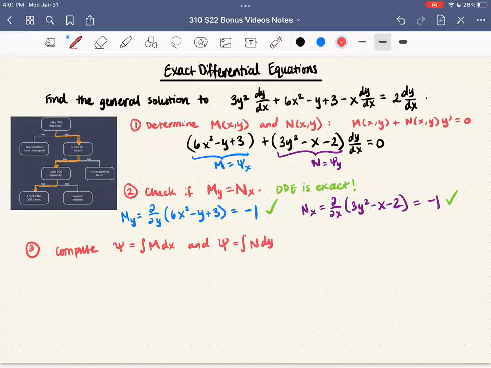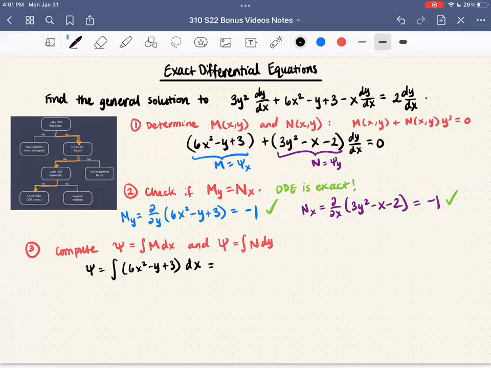So we're going to compare those two things. So we compute the integral of 6x squared minus y plus 3 over x. Okay, so we're computing this step here.